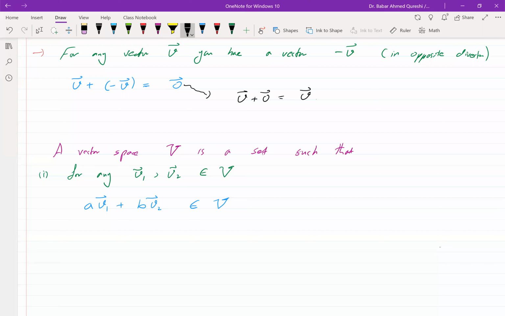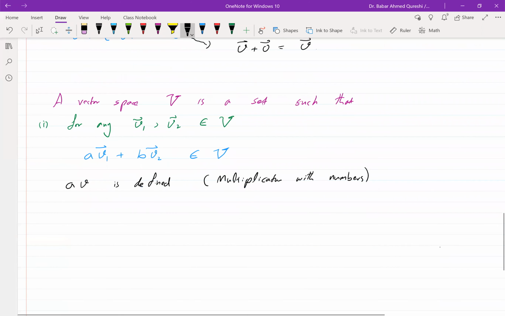So maybe I should write over here that this operation is defined. This is multiplication with numbers. In case of column vectors, that was just multiplying each component. In case of the geometric vectors, this translated into scaling by this size.